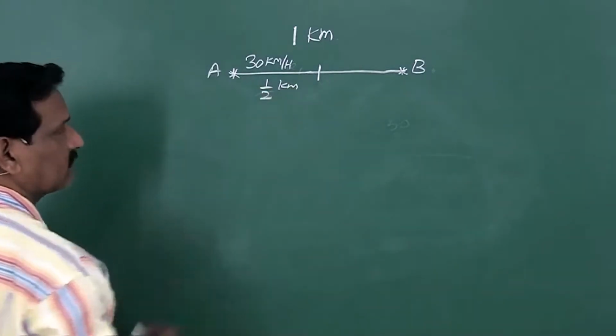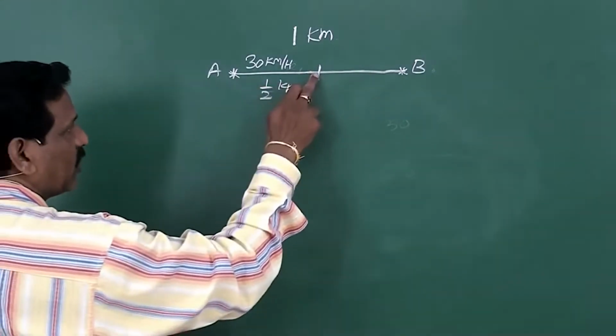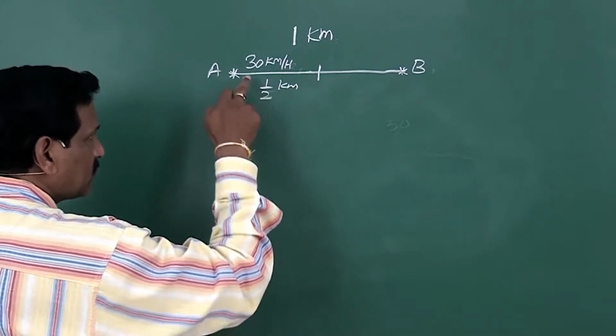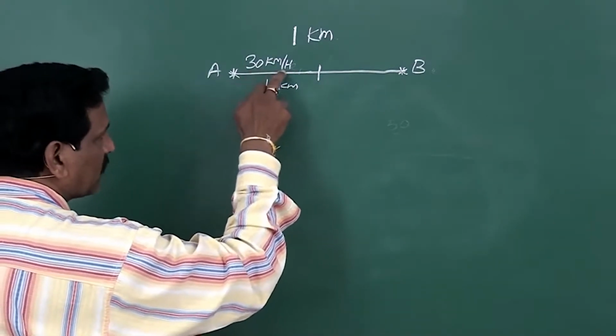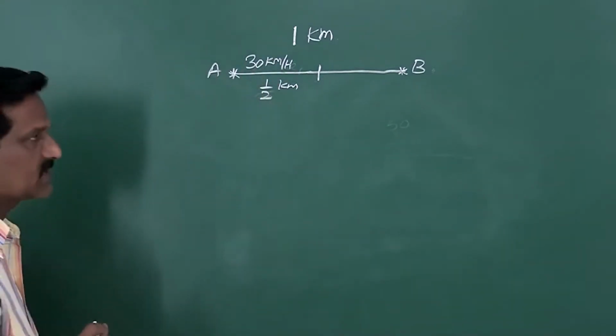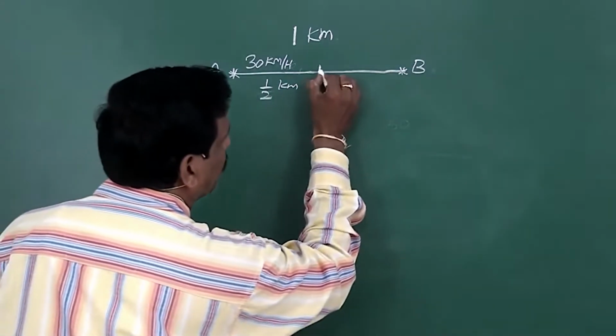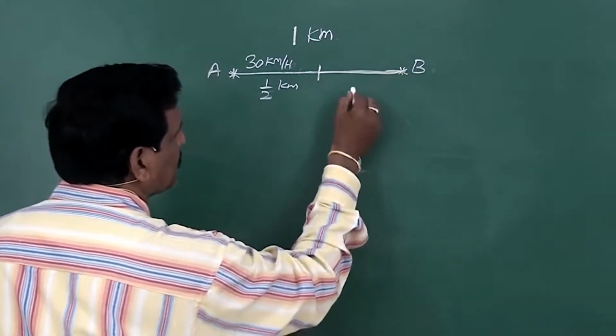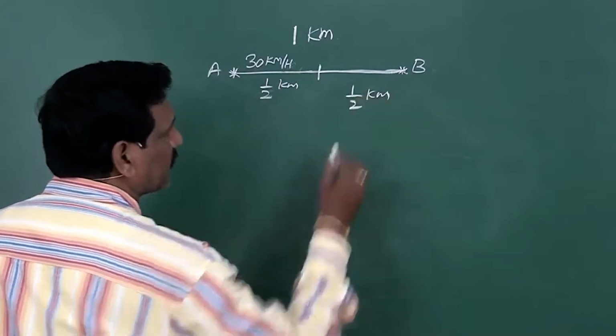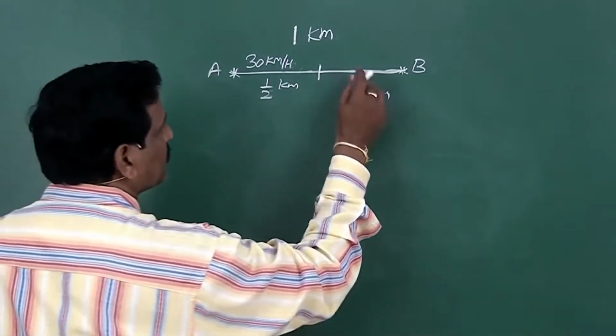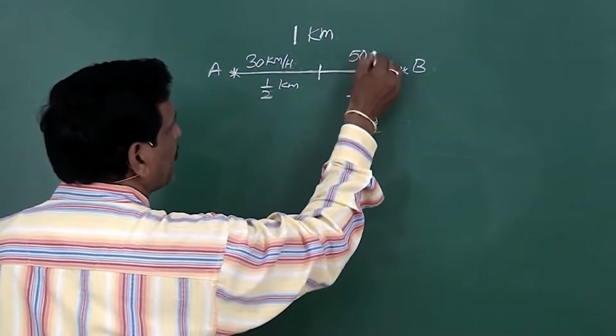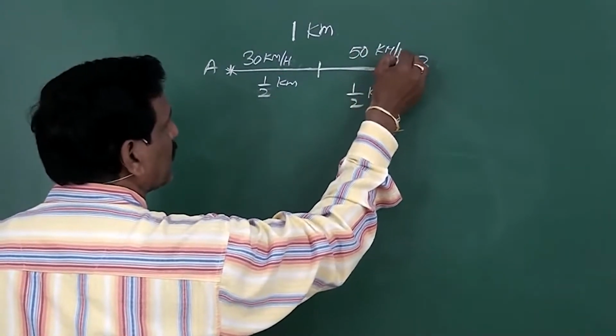So the first half kilometer distance the car covers with a speed of 30 kmph. And the second half distance means again half kilometer. This distance is covered with a speed of 50 kmph, that is kilometer per hour.